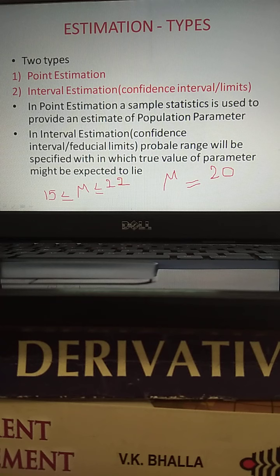Range means in between: a lower value and a higher value. A probable range will be specified within which the true value of the parameter might be expected to lie. Very, very important discussion. So how many types of estimation are there? Two types: point estimation and interval estimation.